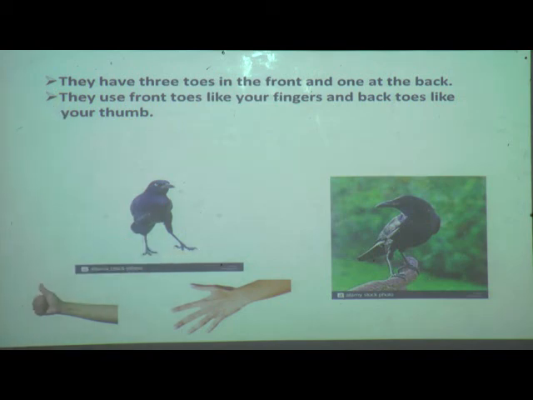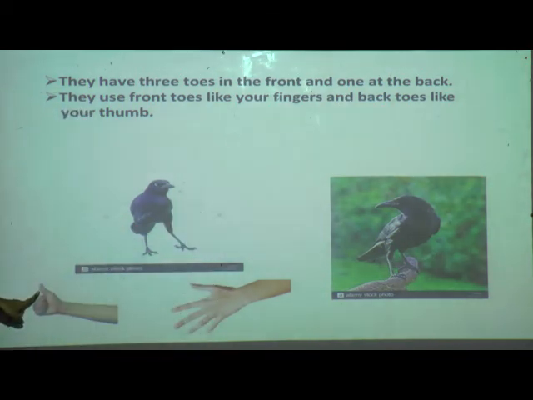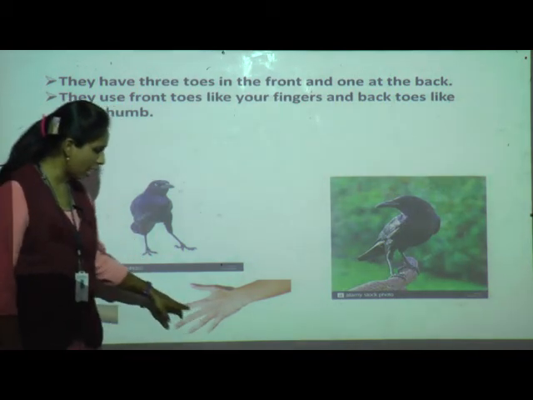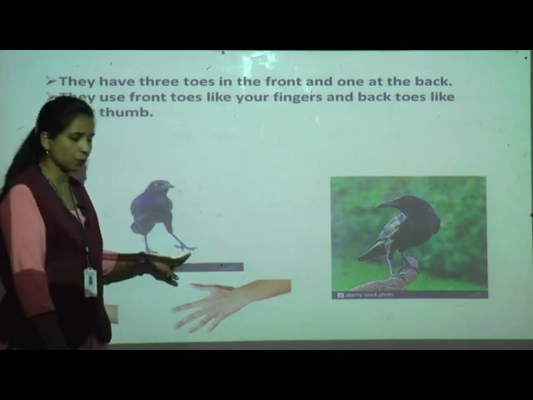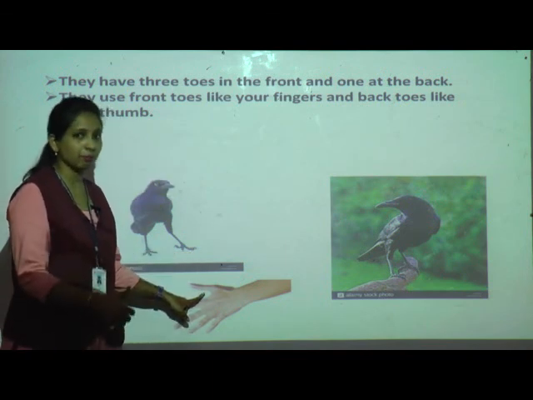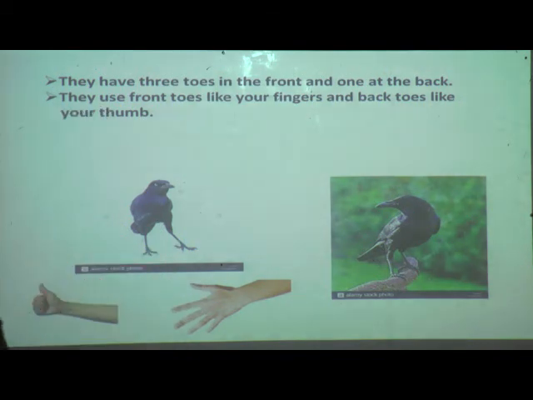And they use front toes like your fingers. See, we have fingers in our hand, isn't it? We also have a thumb. So they use the first 4 fingers. How do we have 4 fingers? They use these 4 fingers like 3 toes, and we have a thumb. So how we use the thumb, in the same way they will use the back toe.